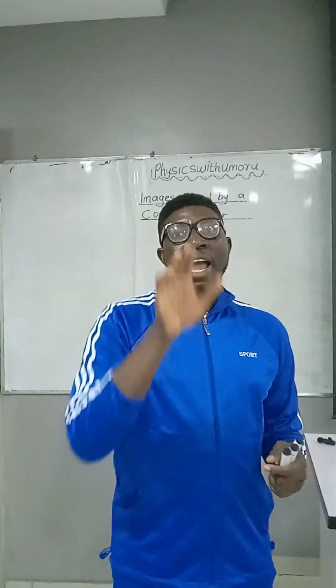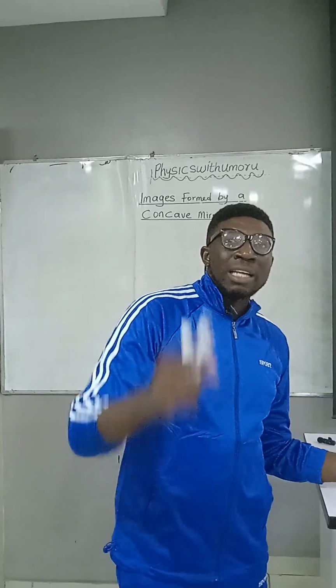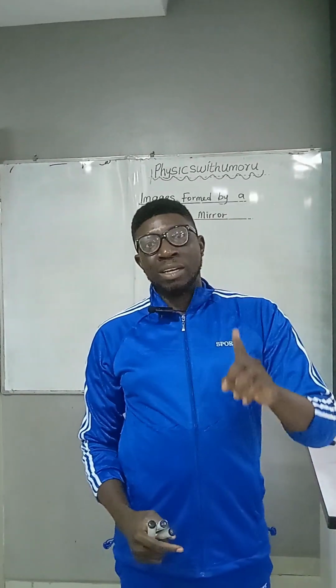The virtual image can be seen in the mirror, or what we call behind the mirror. While the type of image that cannot be seen in the mirror but seen outside of the mirror, when we place a screen or any whiteboard outside and the image will be formed on this whiteboard, this type of image is what we call the real image.